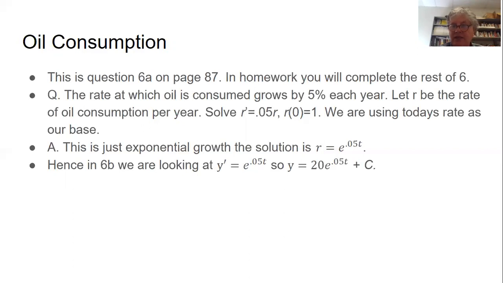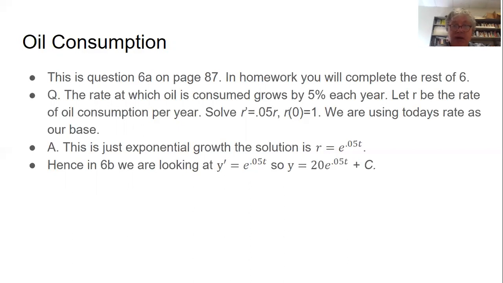That's an easy differential equation to solve because it's just exponential growth. The solution is R equals e to the 0.05 t, because if you take the derivative of that, down comes the 0.05, so it satisfies R prime equals 0.05 R. And if you plug in 0, you get 1. So that is the solution.